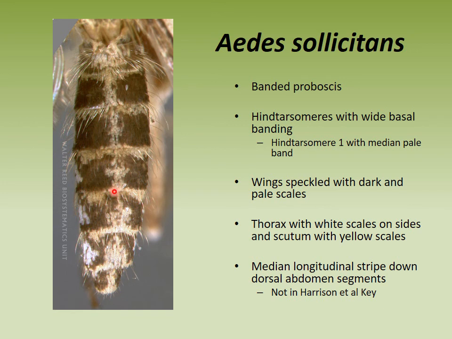So you see in this case we have basal banding. Basal banding. Here it looks like you've got basal and apical banding. So don't be confused there. The sides of the thorax will have basal, and then this longitudinal stripe will be found in the middle.